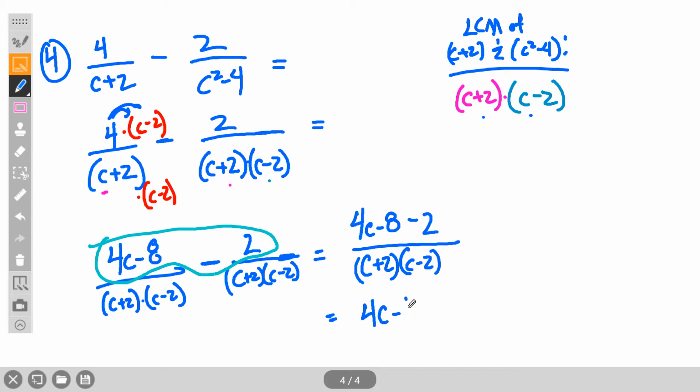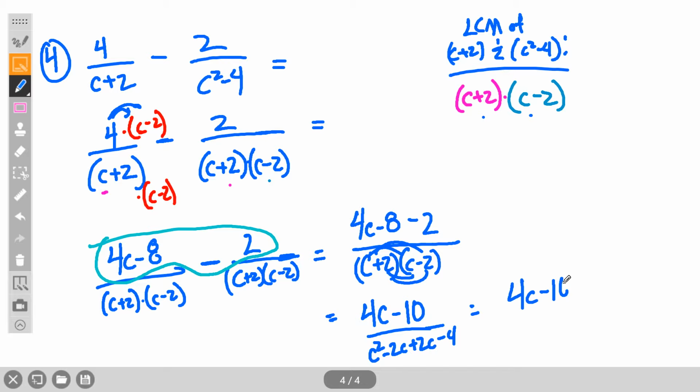That's 4c minus 10, because negative 8 minus 2 is negative 10. And the denominator should be in standard form, so I'm going to distribute: c squared minus 2c plus 2c minus 4.